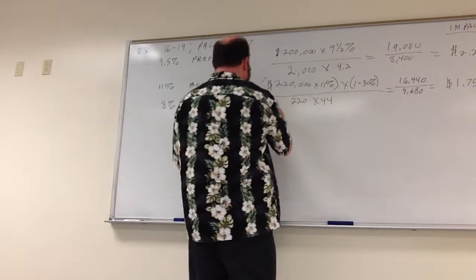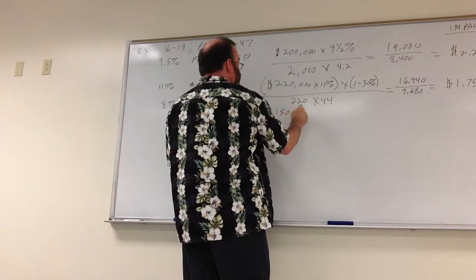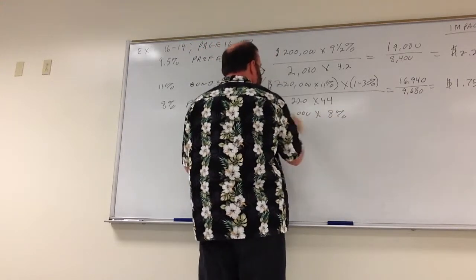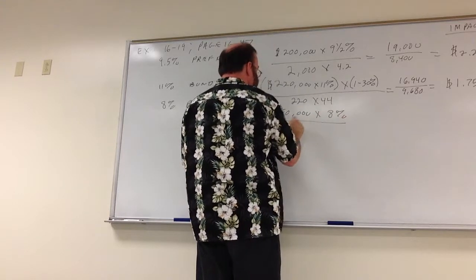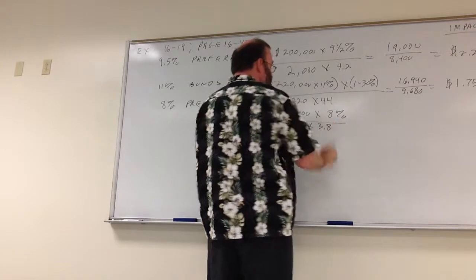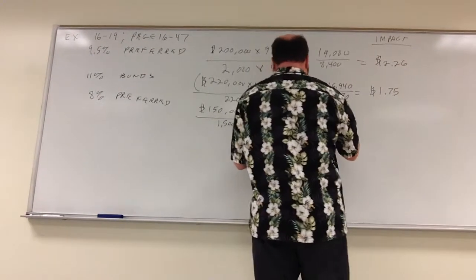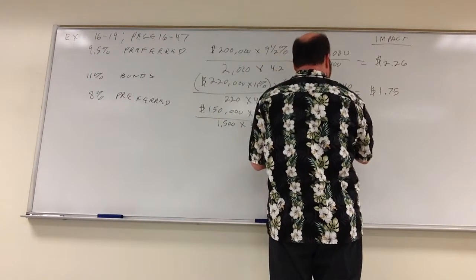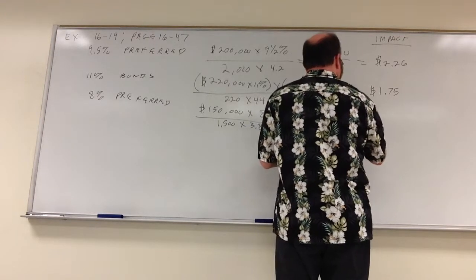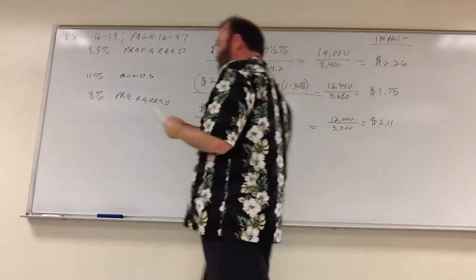So this is the same thing, only we have now 150,000 times the 8% divided by 1,500, because each one is $100 par, and they're each worth 3.8. That equals 12,000 divided by 5,700, or an impact of $2.11.